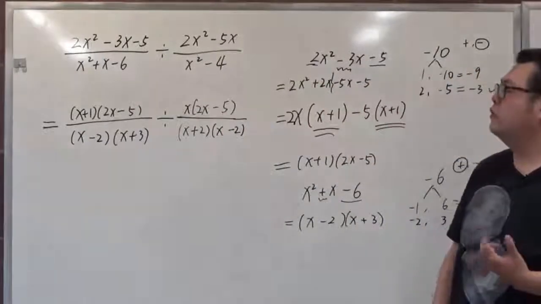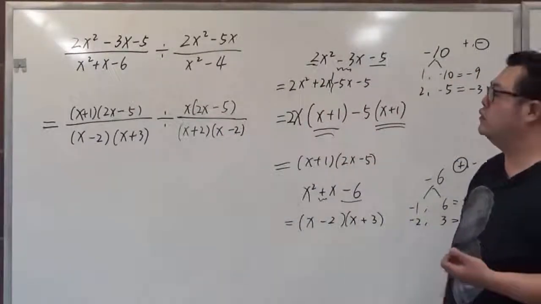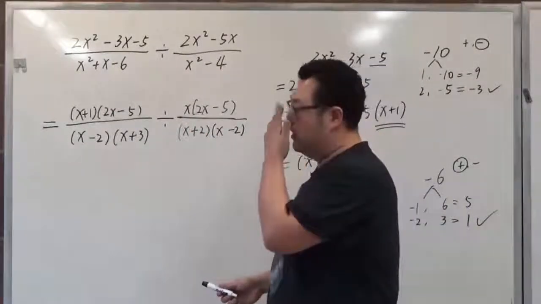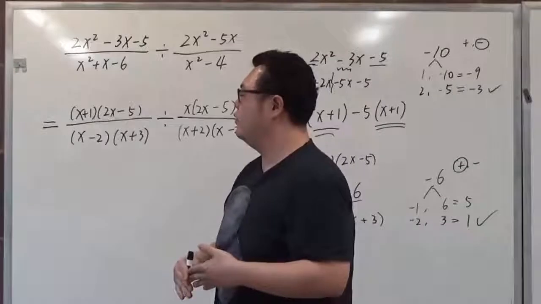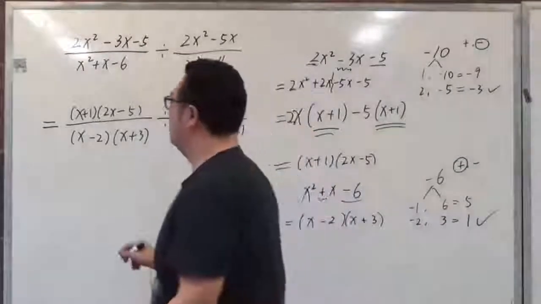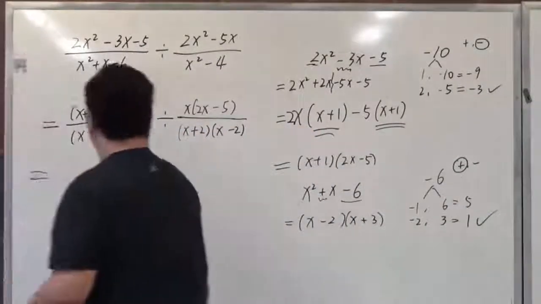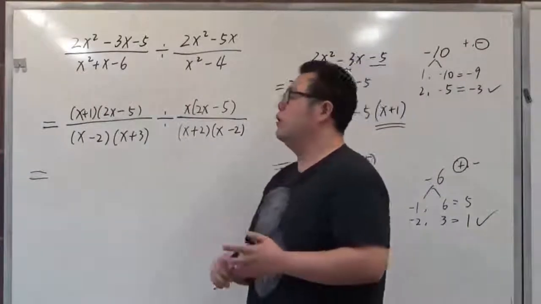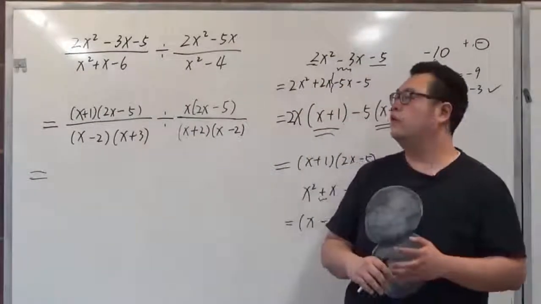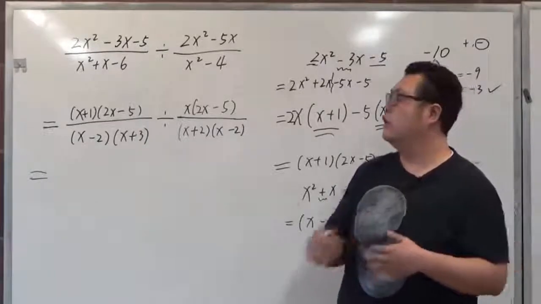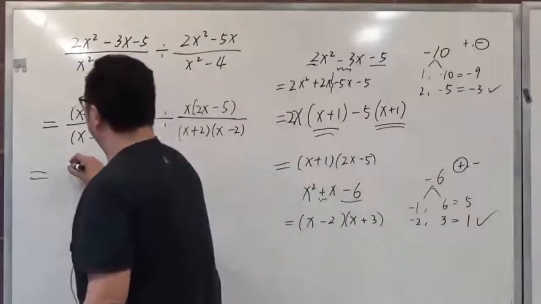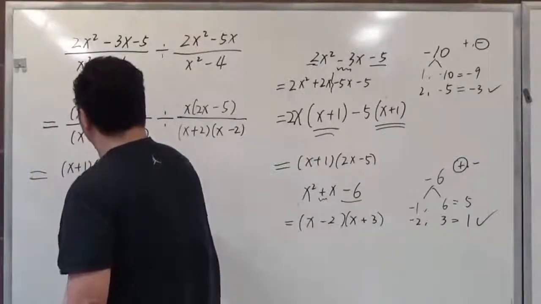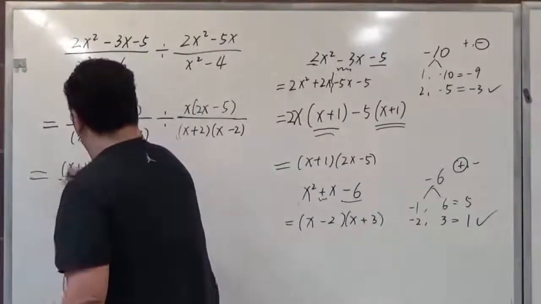Before we can cancel everything out, we have the division of the rational expressions. One last thing before the end, we need to make it a product, so that we are able to reduce the fraction as we know how to do. This is called KCF.